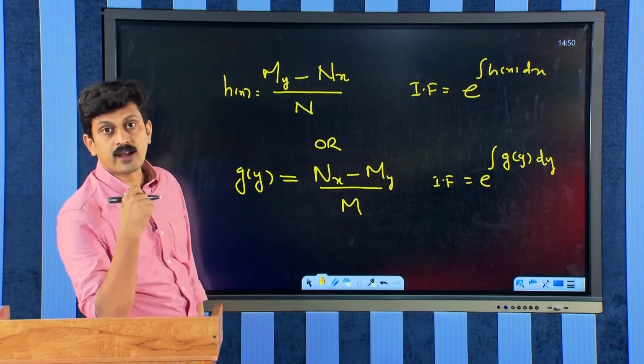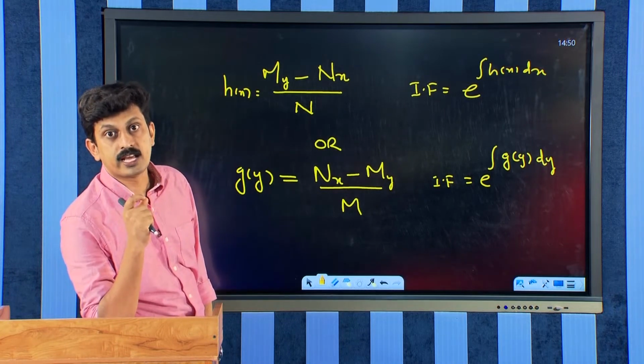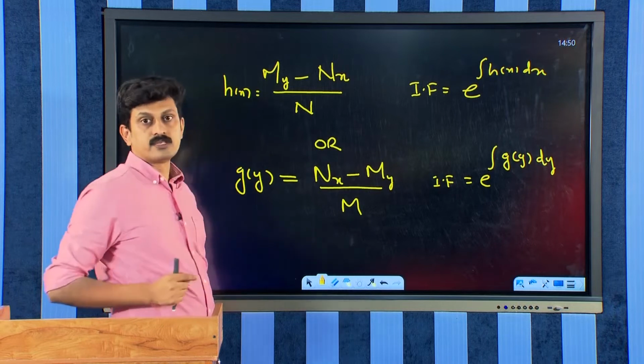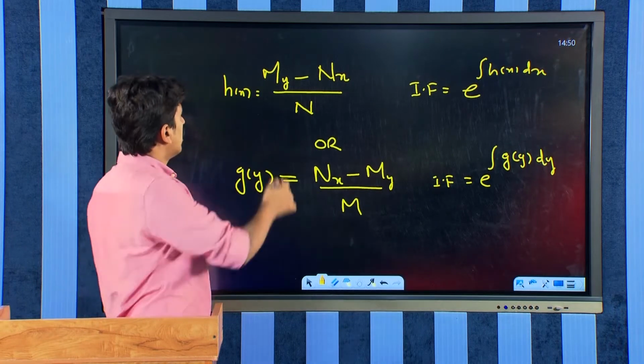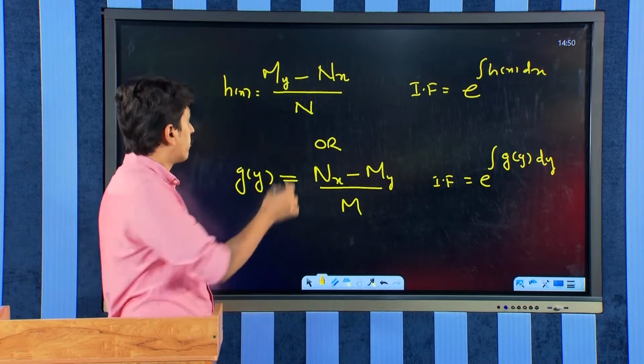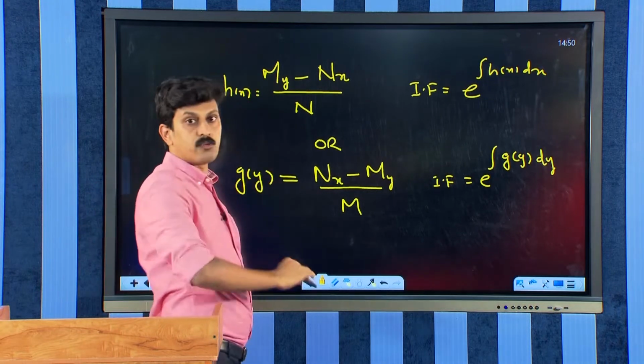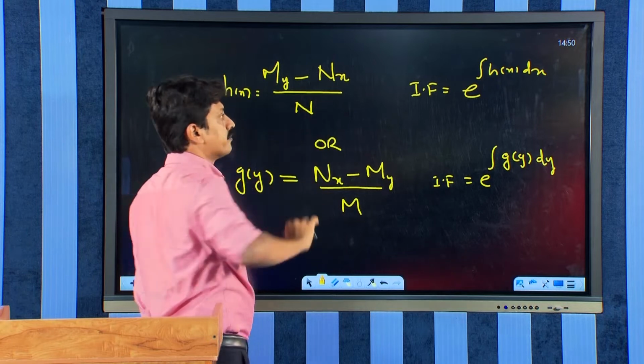So our thought is how we will find the integrating factor of a differential equation. The integrating factor can be found as a function of x or as a function of y. Suppose h(x) = (My − Nx)/N.